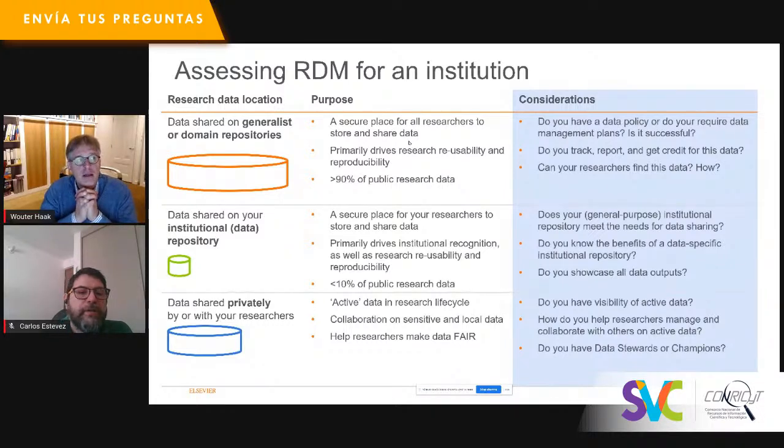Well, it's a good question. A national assessment. Well, what I'm going to point out is that there's some very big funding bodies that, as part of their assessment, take research data into account. So, for example, in Europe, the Horizon 2020 program and now the new Horizon program actually checks if you have shared your data.